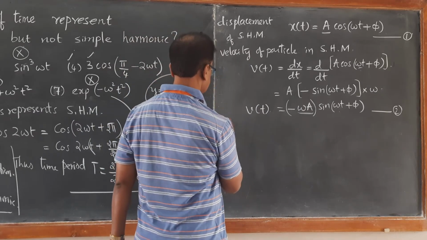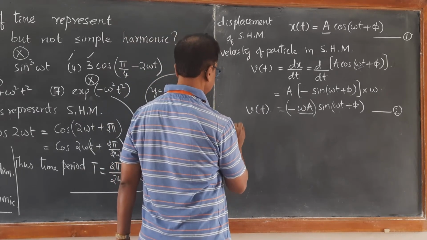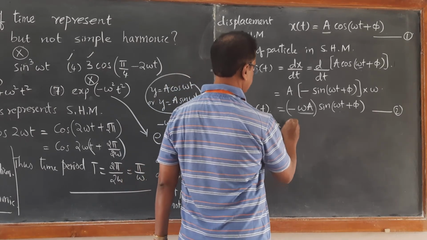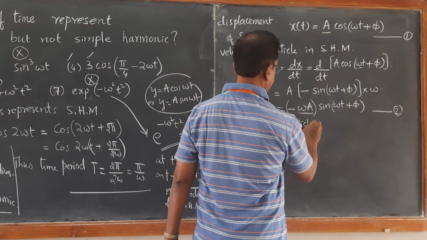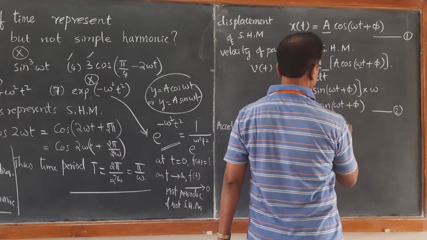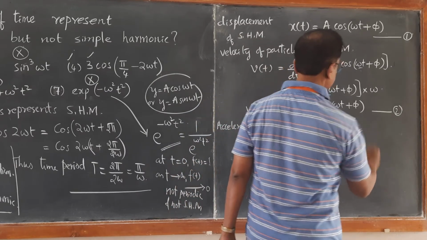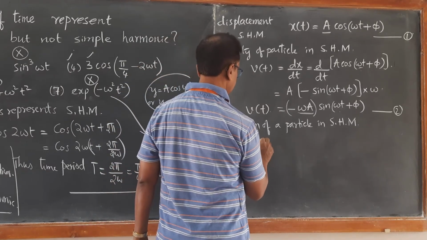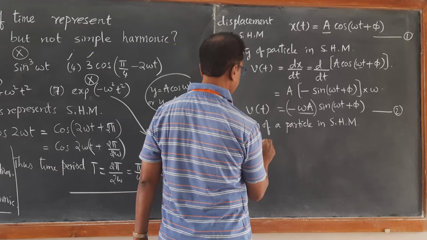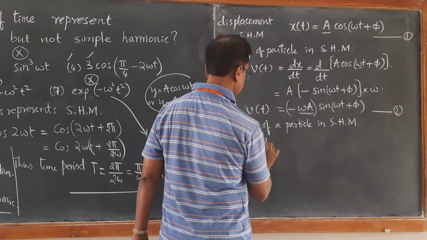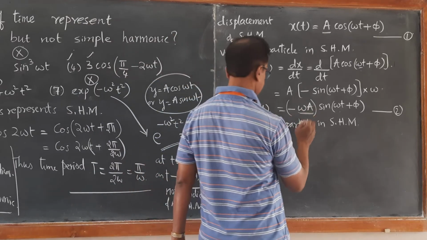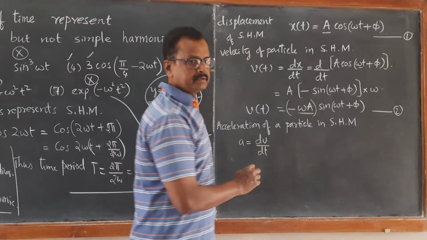Now acceleration. Acceleration of a particle in simple harmonic motion. Acceleration a is equal to dv by dt, by definition. So differentiate equation number 2 with respect to time t.